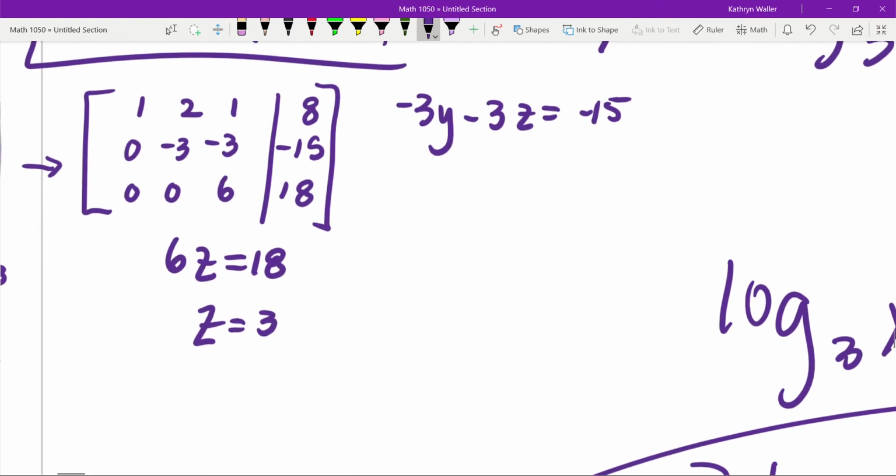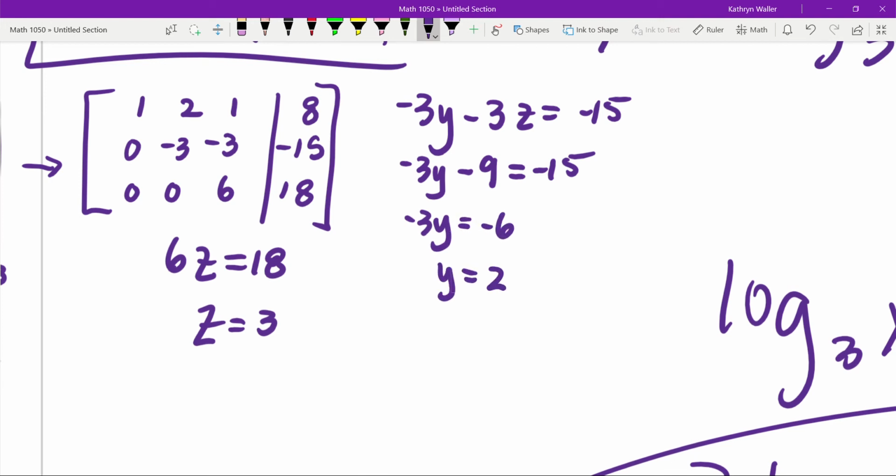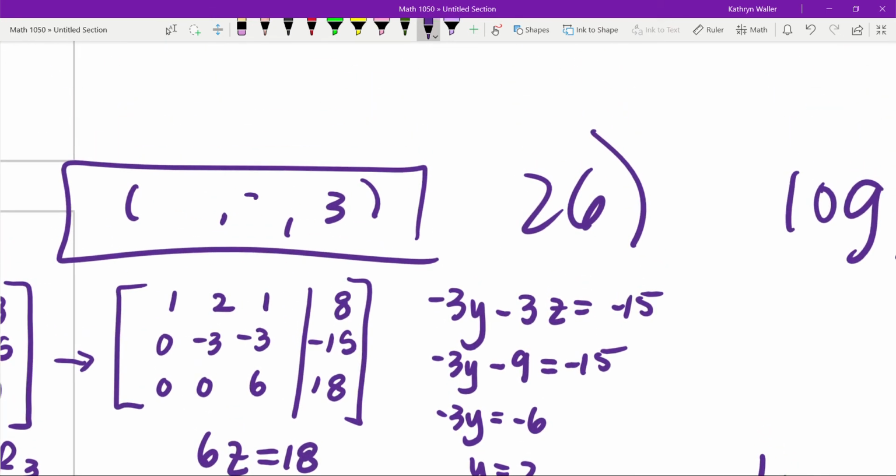But I know that z is 3. So that's going to be negative 3y minus 9 equals negative 15, because negative 3 times 3 is a negative 9. Move my 9 over. Negative 3y equals negative 6. Divide by negative 3, and you get y equals 2.